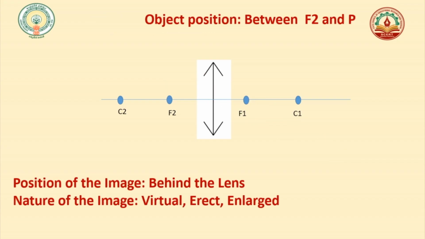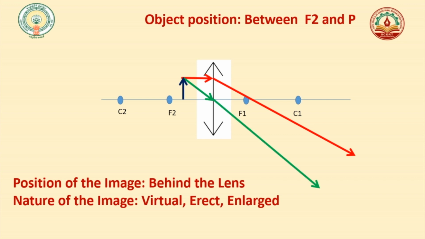Okay, now I'm putting the object between P and F2, pole and focus. Now again drawing the two rays: parallel to the principal axis through focus and the second ray through pole undeviated. If you extend these two rays, they are not meeting at a point, they are diverging.